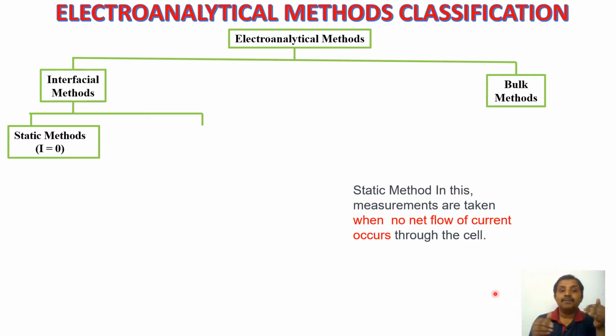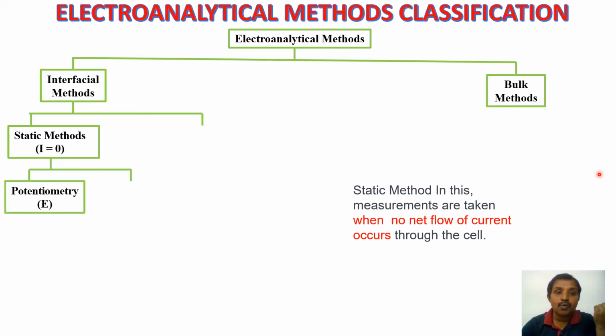When the current flow is equal to 0, such interfacial methods are called static methods. Static methods are further classified into potentiometry and potentiometric titrations.